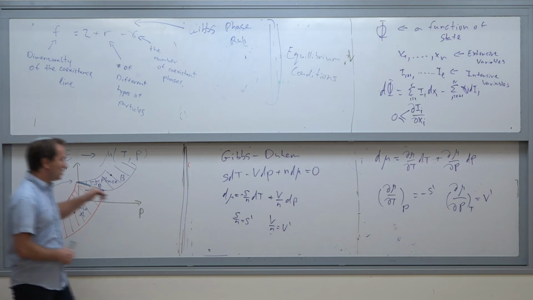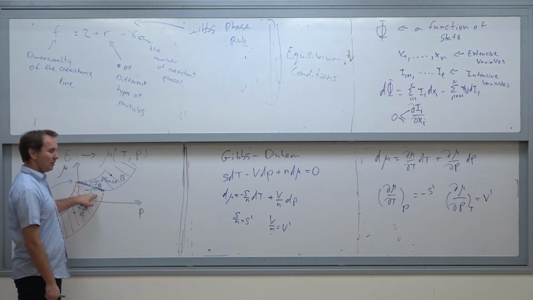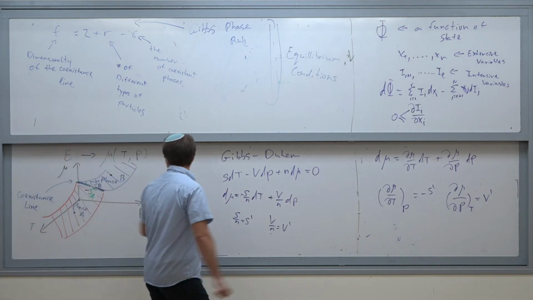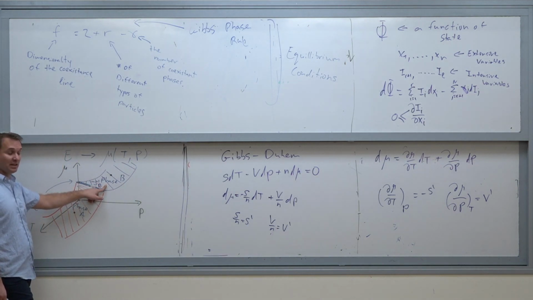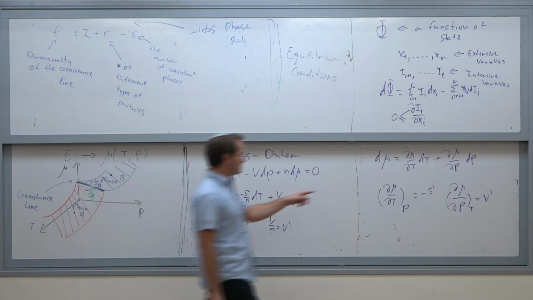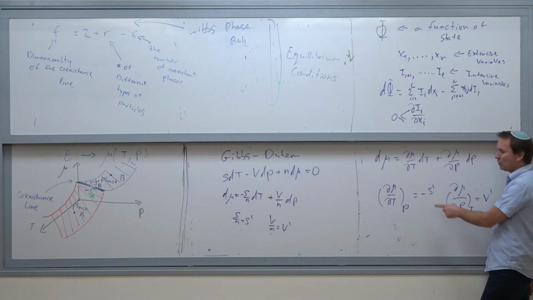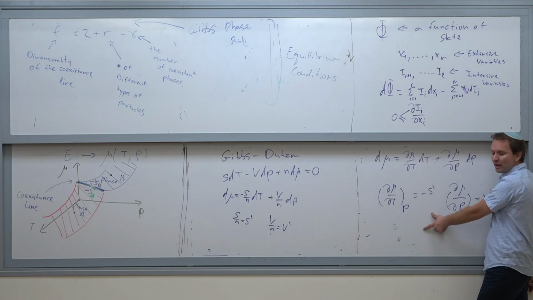And we observe on this part S prime A. The entropy per mole is S prime A. Here the entropy per mole is S prime B. And since the derivatives of mu do not have to be continuous, we can actually observe a jump in the intrinsic entropy, or the entropy per mole. It will change drastically and not in a continuous fashion.